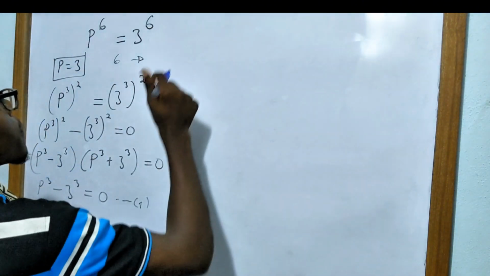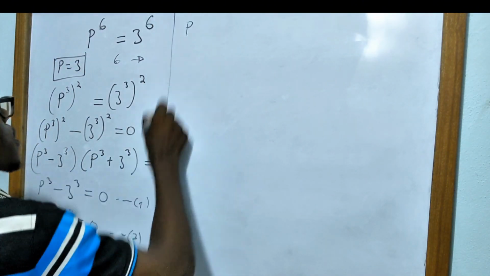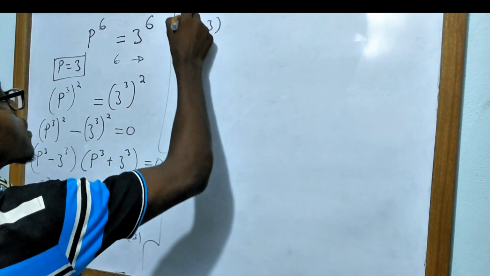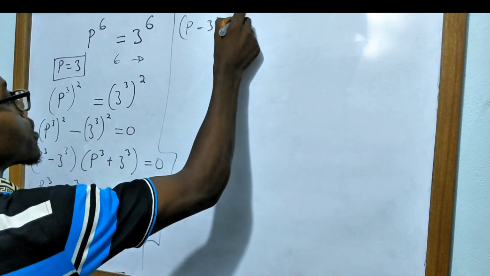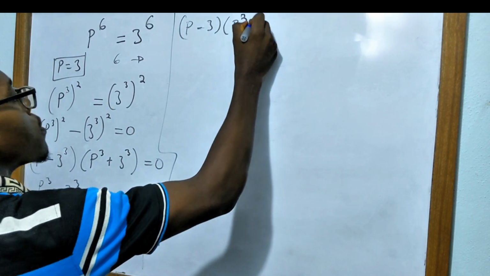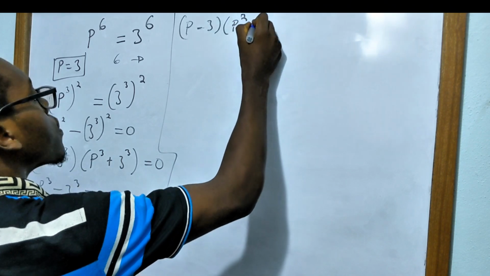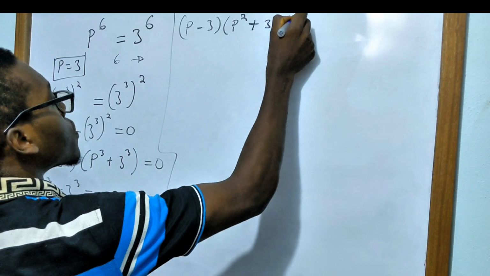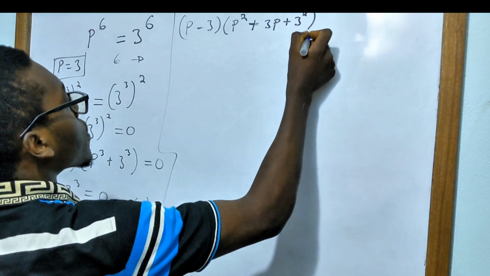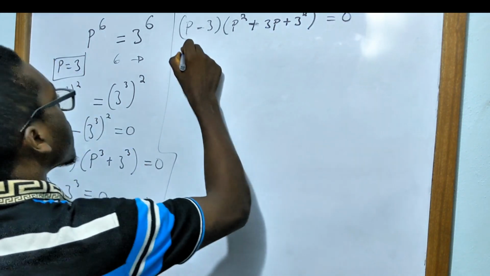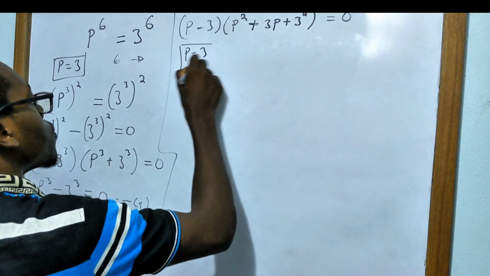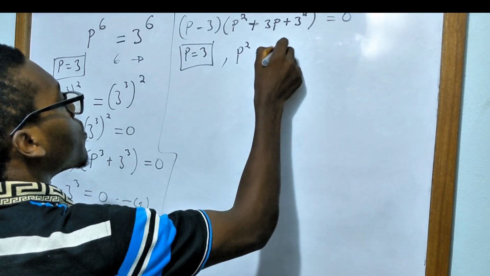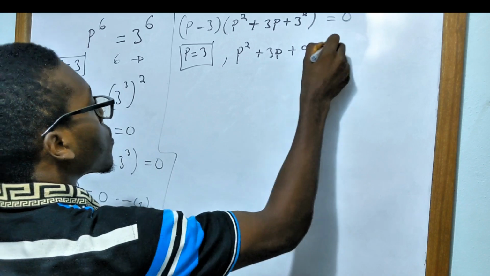Hence, we are going to have (p minus 3) times (p squared plus 3p plus 3 squared) equals 0. Hence, p is equal to 3. That is one solution. We continue with p squared plus 3p plus 9 equals 0.